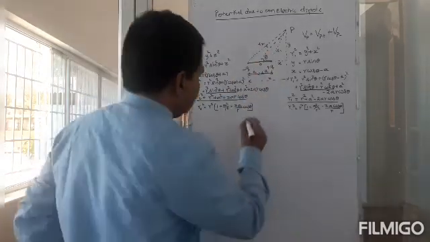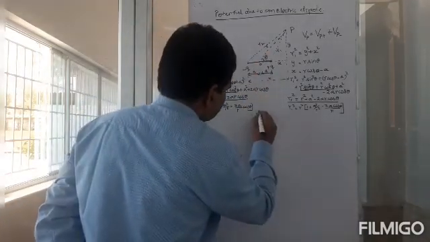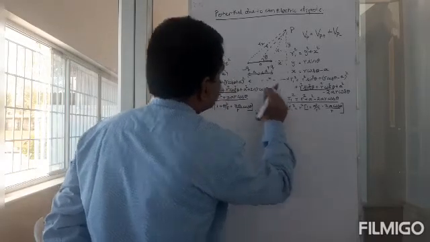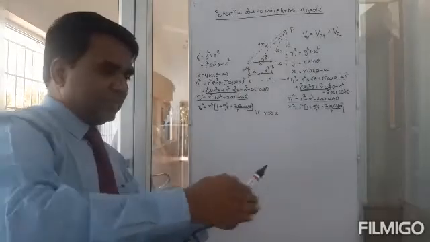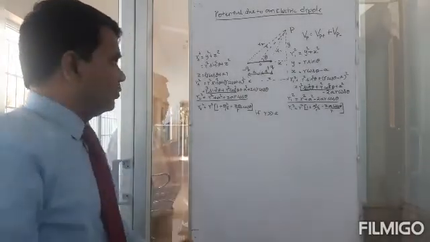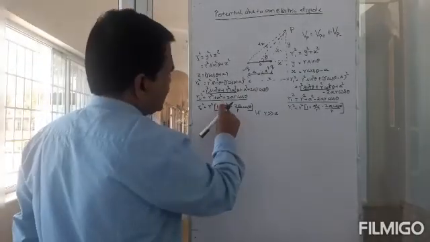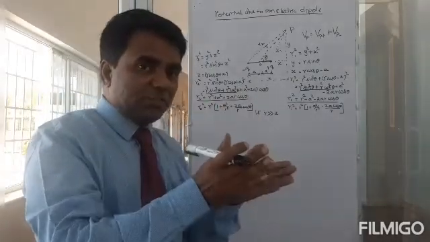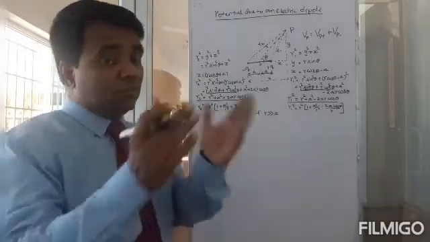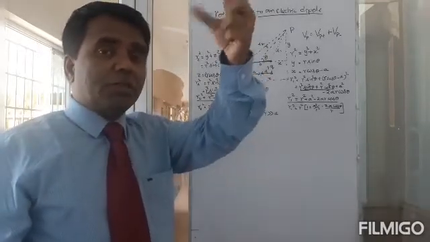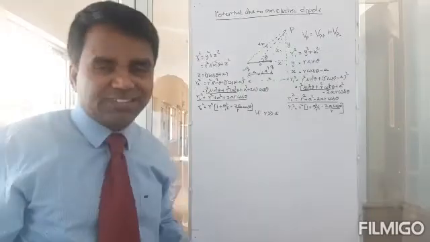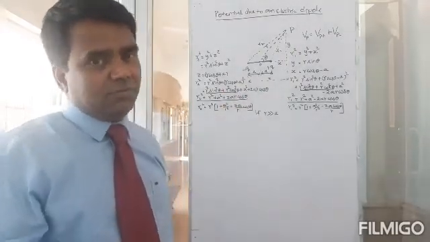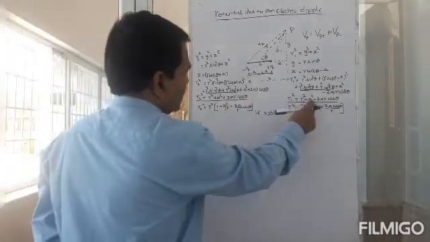If r is much greater than a, when considering distances pretty far from the dipole, then a squared by r squared can be ignored. a is already small, so a squared is even smaller, and r is big, so r squared is even bigger. A much smaller quantity divided by a much bigger quantity becomes even more negligible. So I can ignore this part in both cases.